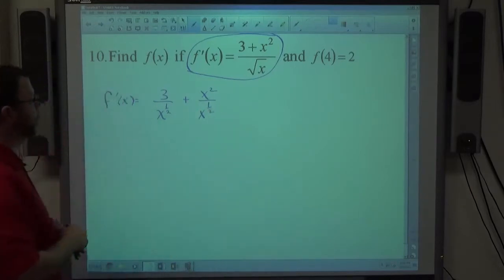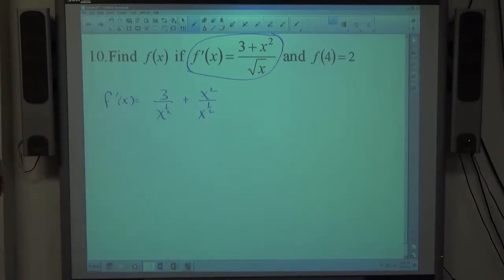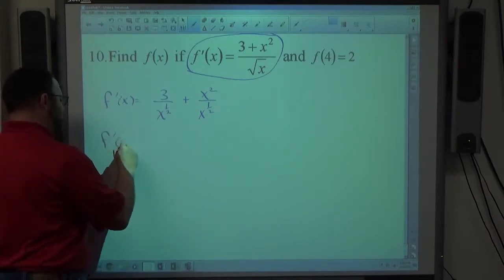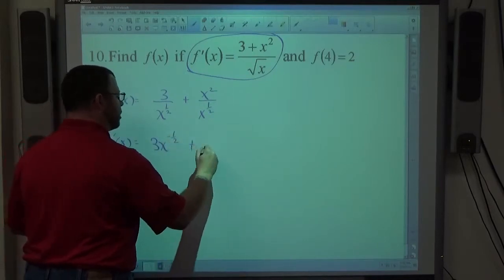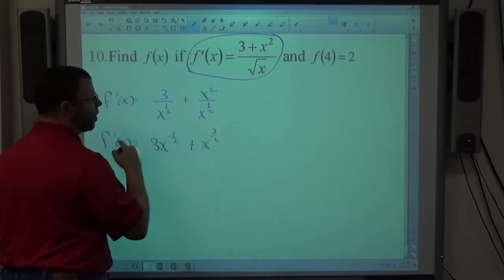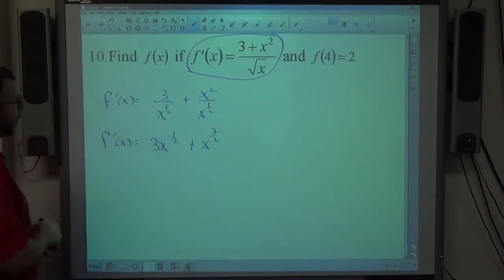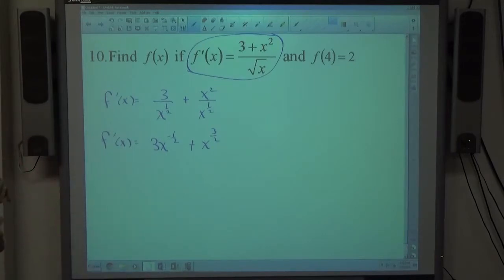And rather than writing square root of x, I'm going to write x to the half power because powers are better than roots. And then I'm going to rewrite this as 3x to the negative half plus x to the 3 halves. That's 4 halves minus 1 half makes 3 halves, creating this power structure that makes anti-differentiation better.